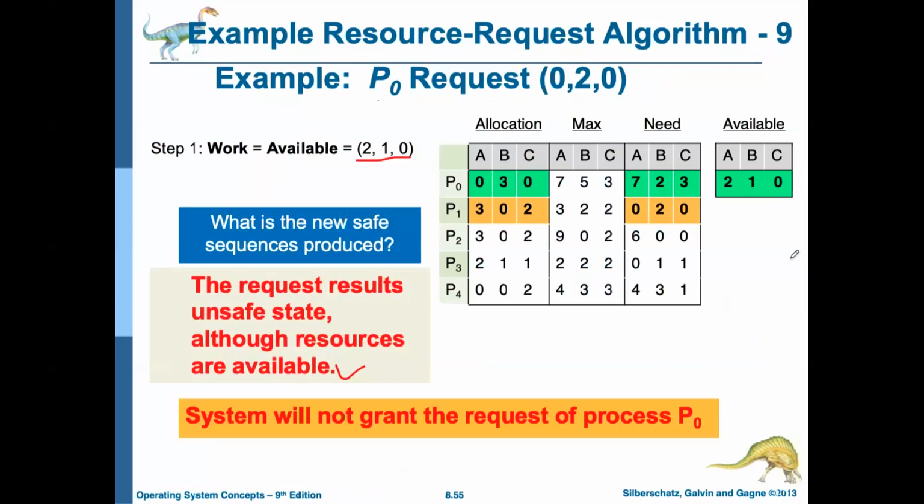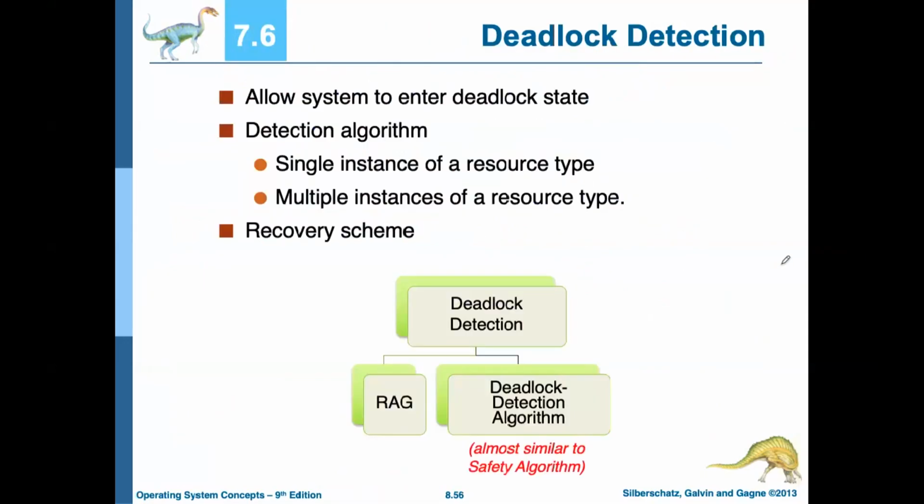So now go to the next. Deadlock detection. Allow system to enter a deadlock state, and then the detection algorithm, which is single instance of resource type and multiple instances of resource type.